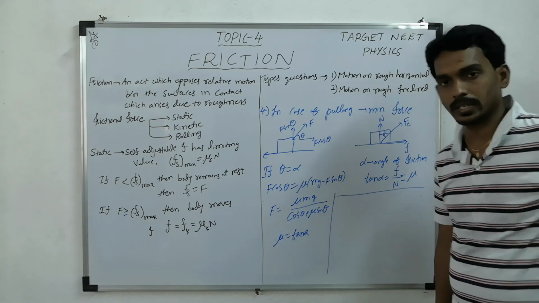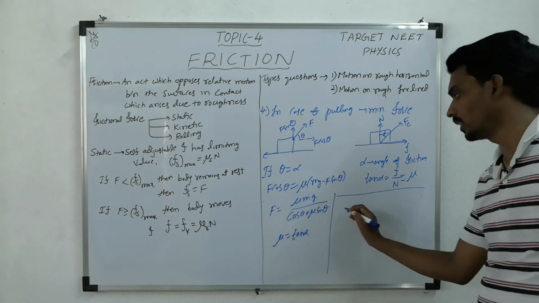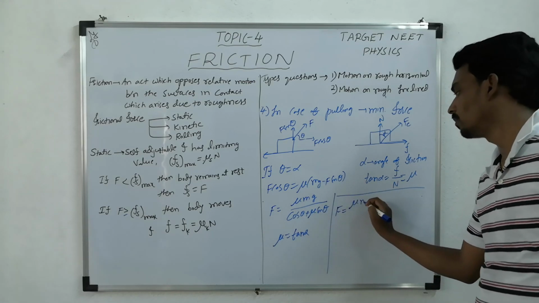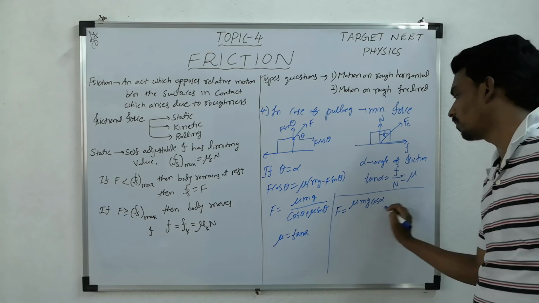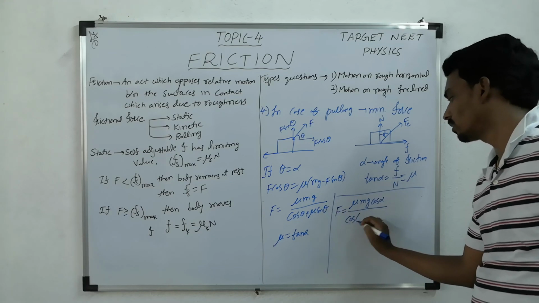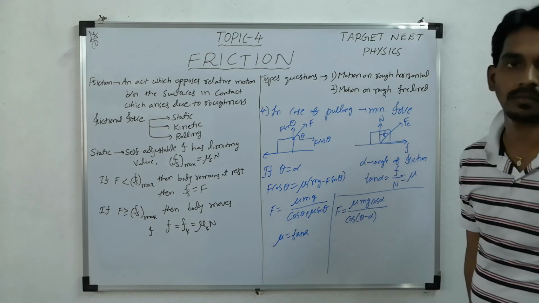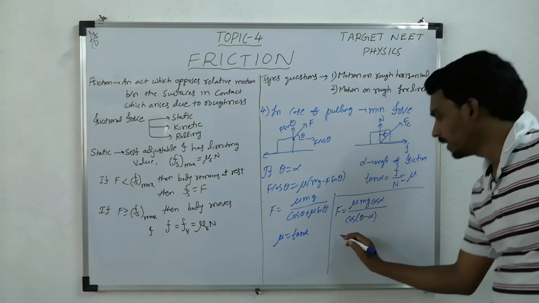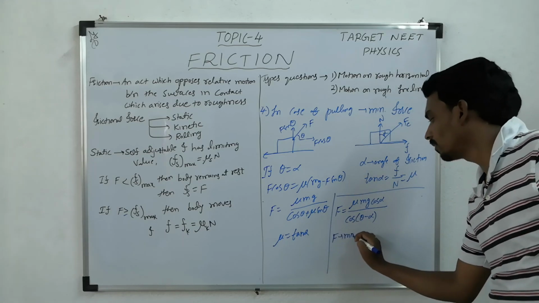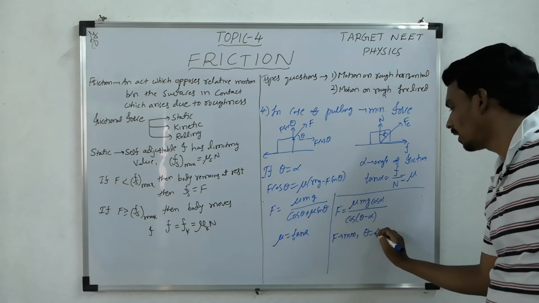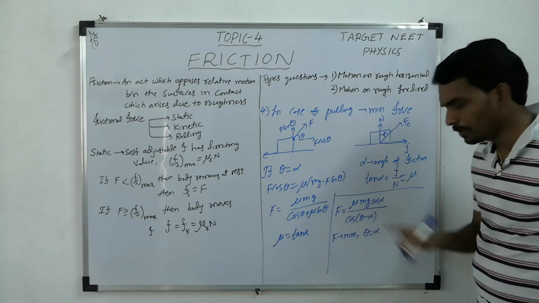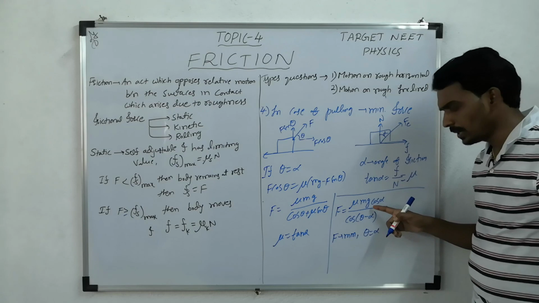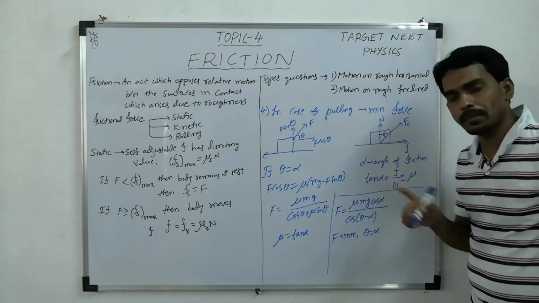If you substitute it, F will become mu mg cos alpha by cos of (theta minus alpha). So F is minimum when theta is alpha, because F should be minimum, which means the denominator should be maximum.